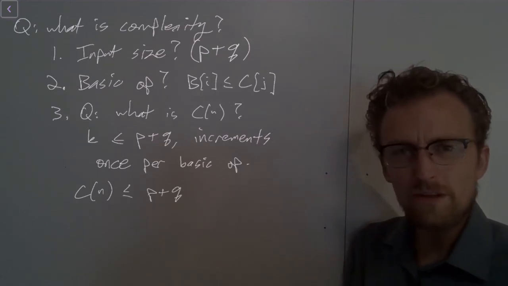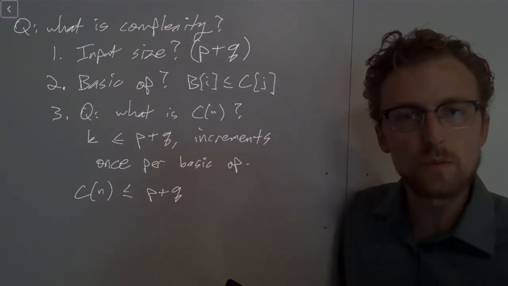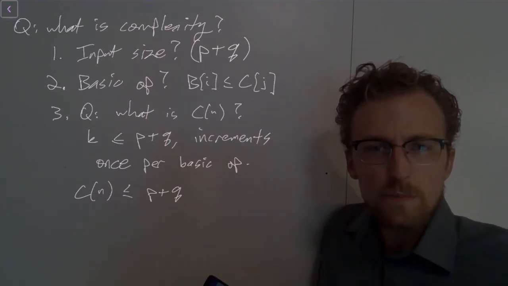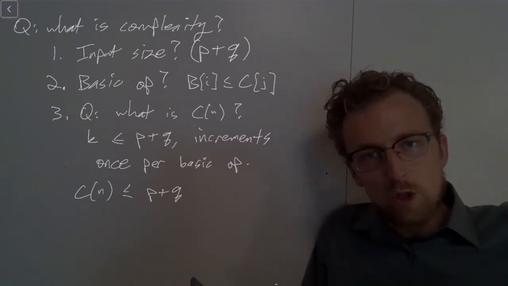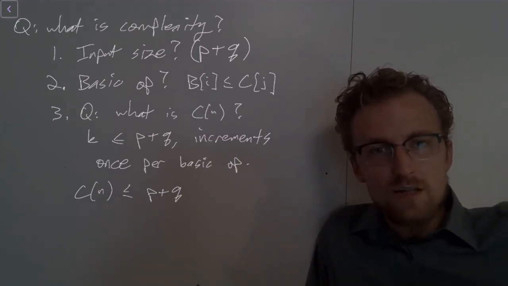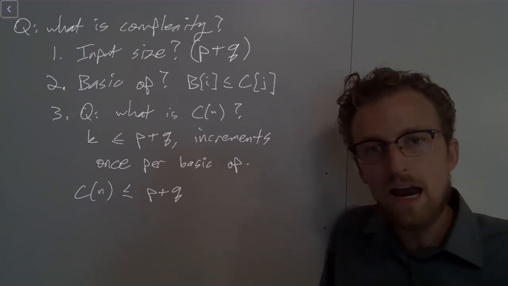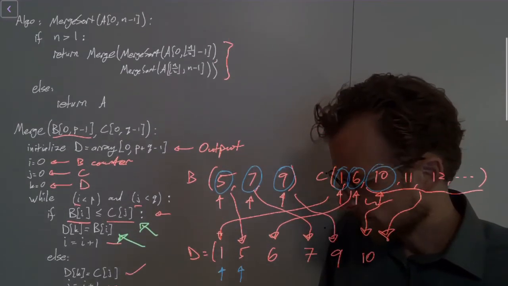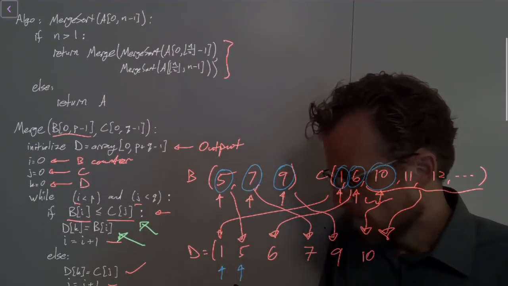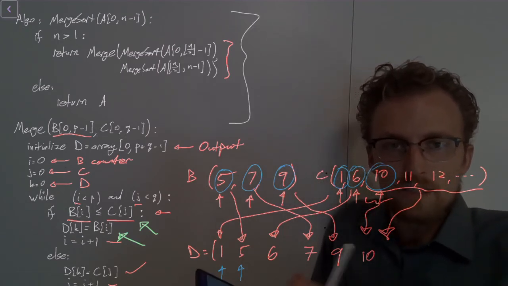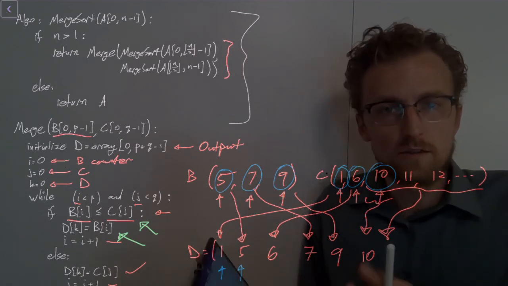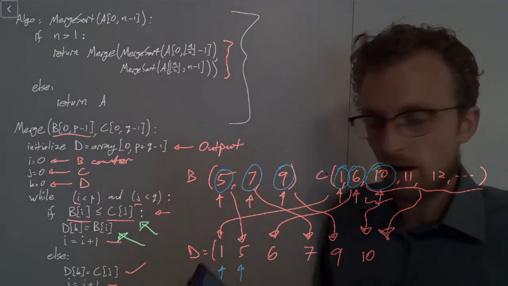Now I've written this as C of n, and then there's this p plus q, which is a little bit strange. What's p plus q? That's just the size of the output array. So now let's look back to Mergesort and see where the size of merge's output array appears. Mergesort says let's cut the array in half, and then let's go merge both sorted halves.